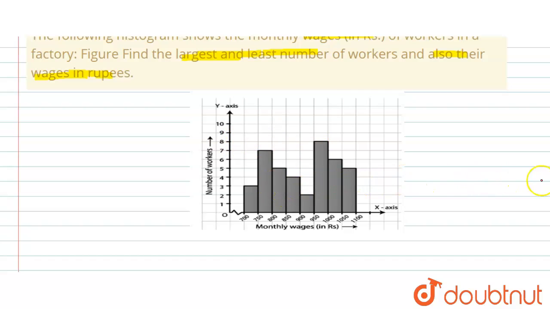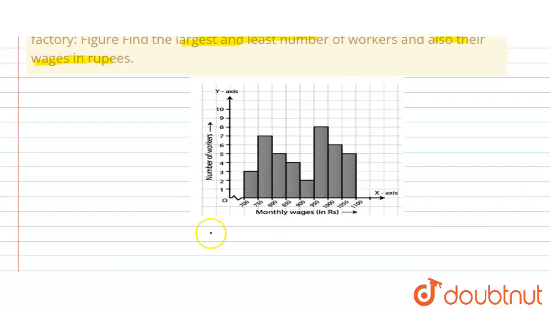So we can say that for the first part, the largest number of workers are 8.